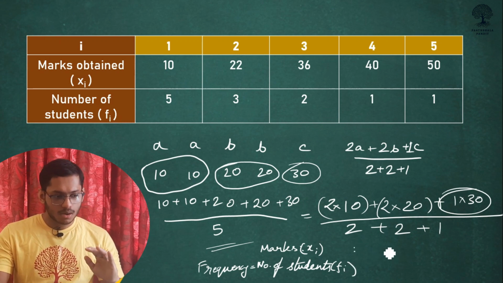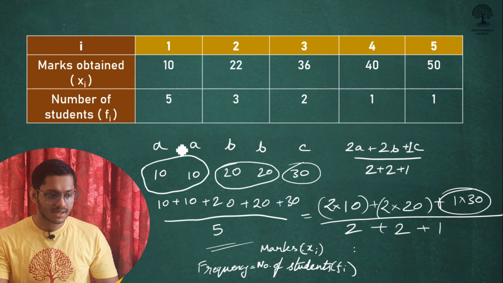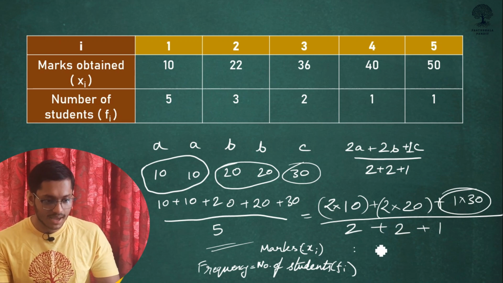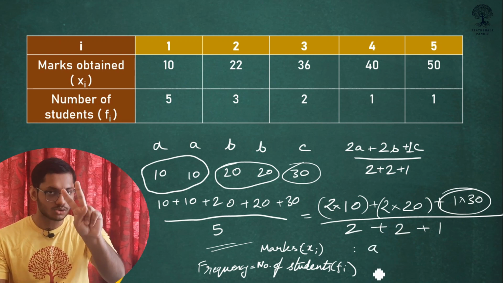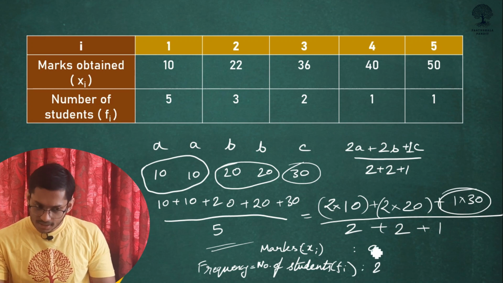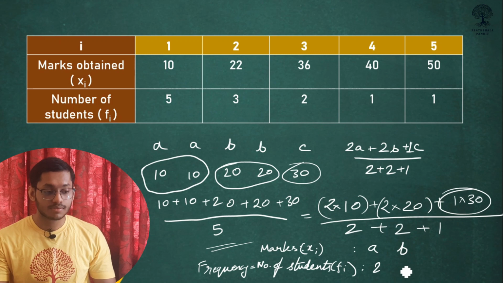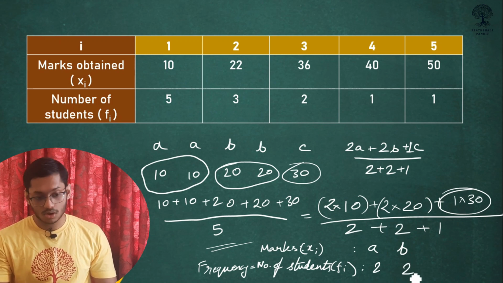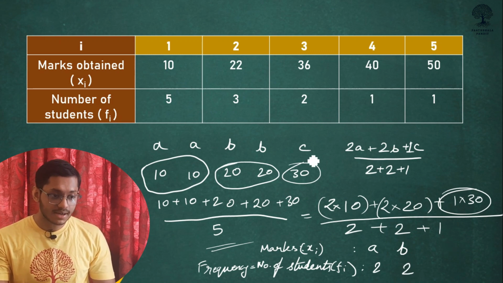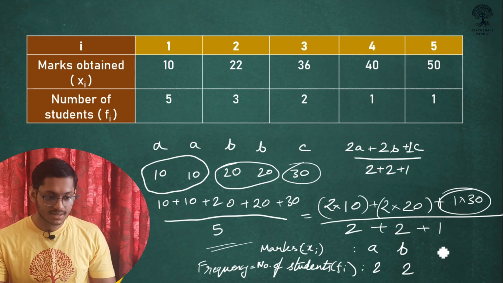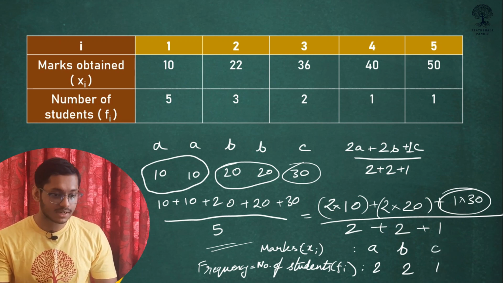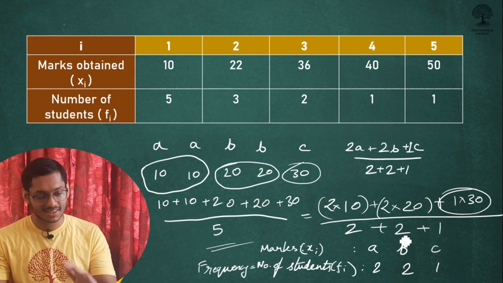So one type of marks means I am getting A marks from 2 students, B marks from 2 students, and finally C marks from 1 student. So this data I can convert into a table like this, correct?